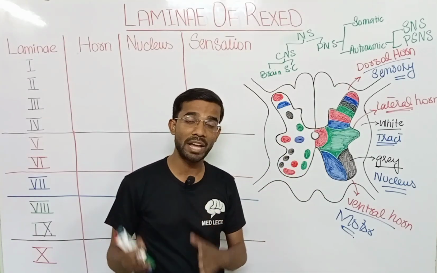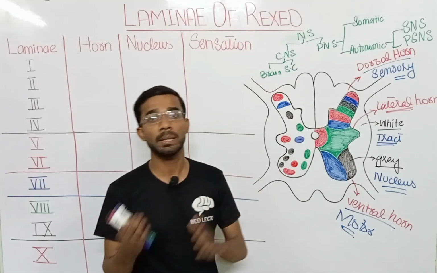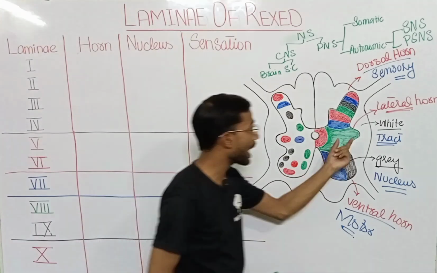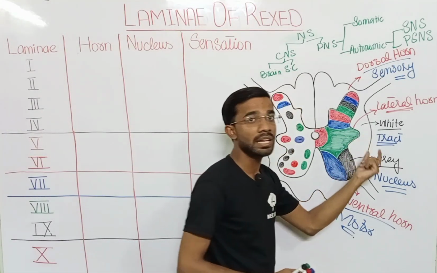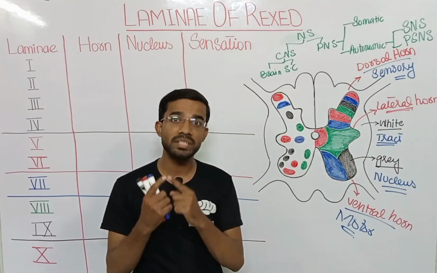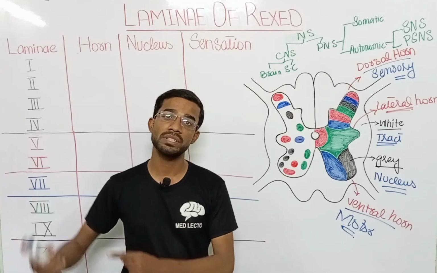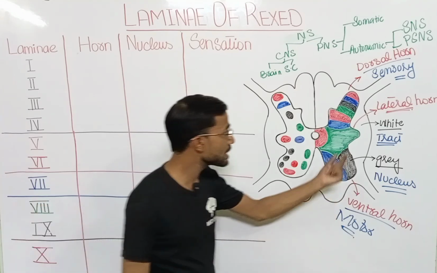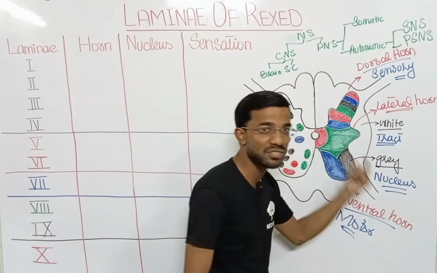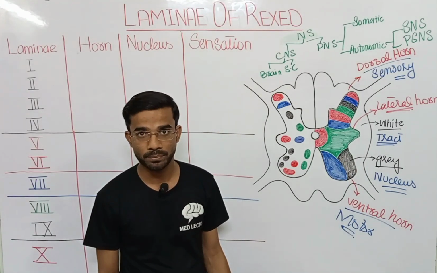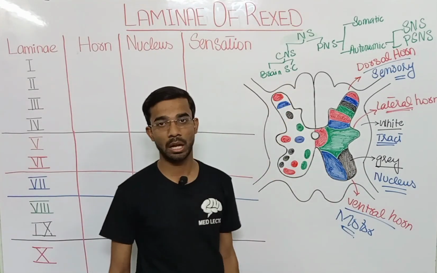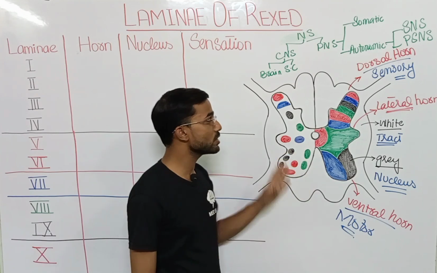We have revised the preganglionic and postganglionic neurons. So at the lateral side, you will see the reception of visceral information and the exit of visceral information. So the lateral horn is specifically for the viscera, or you can say the autonomic nervous system. So this is the general overview.